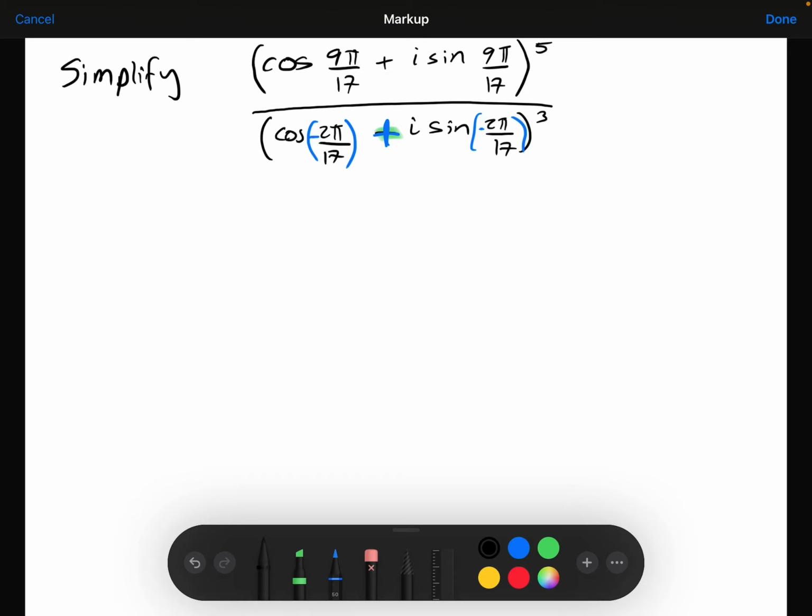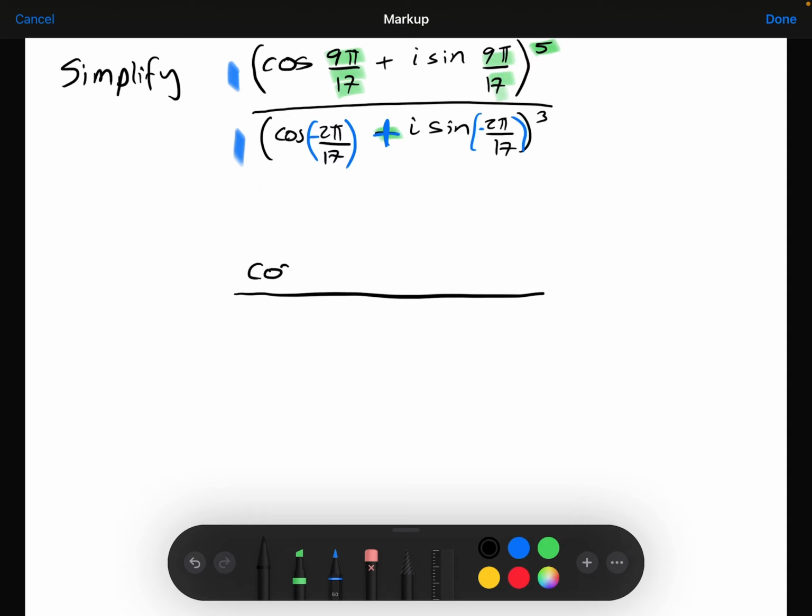Now I'm going to use de Moivre's theorem. So in both of these cases, the modulus is just 1. r is 1 here, r is 1 here, so I don't have to worry too much about that. But I am going to take the arguments and multiply those by the power. So my 9 pi over 17 is going to get multiplied by 5.